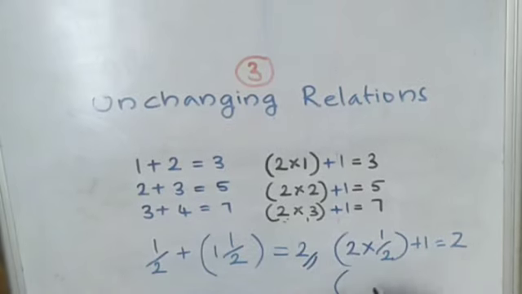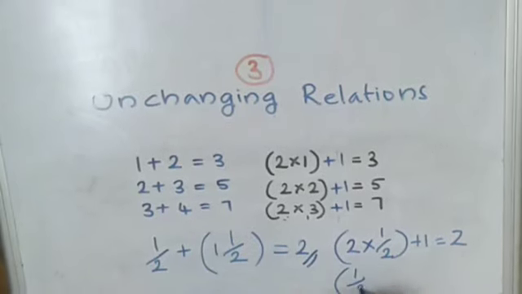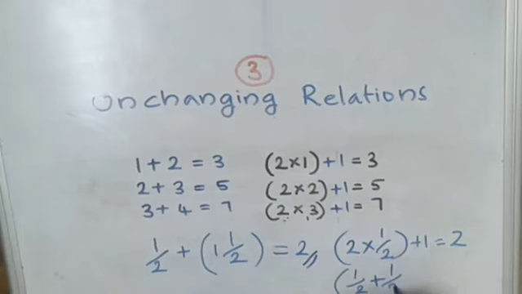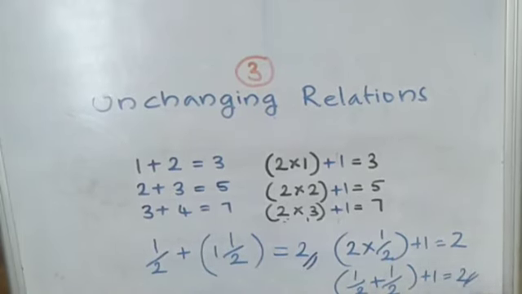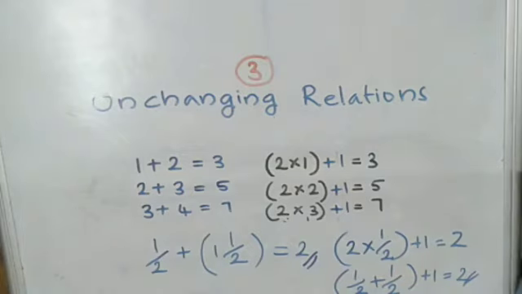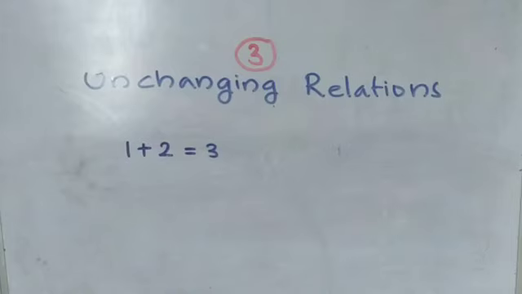We can write this like half plus half plus 1 is equal to 2. We can get here in this fraction also, this concept is same. So not only in natural numbers but in numbers like fractions, this computation is right.